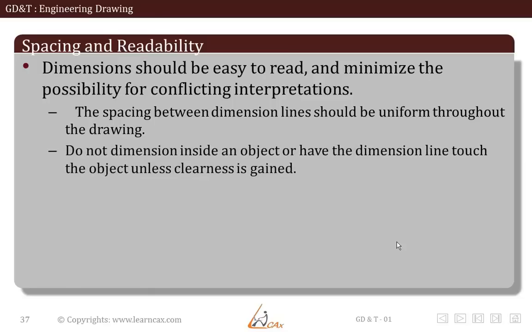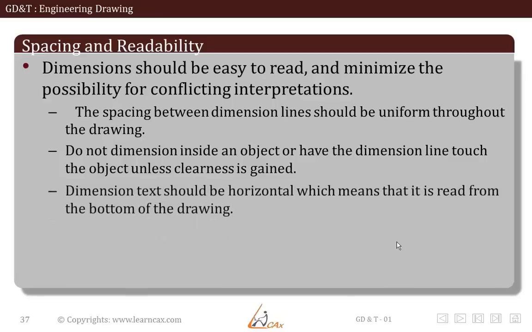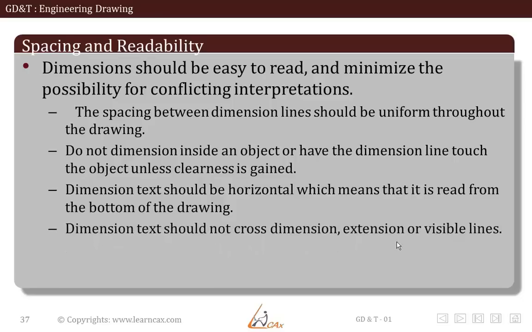Do not dimension inside an object or have the dimension lines touch the object unless clearness is gained. That is, the lines representing the part should be easily differentiable from the dimensioning lines. Dimension text should be horizontal, which means that it is read from the bottom of the drawing. So this is something to be taken care of. Dimension text should not cross dimension, extension or visible lines.